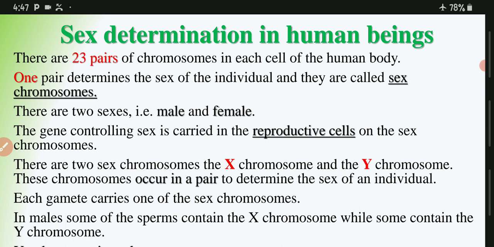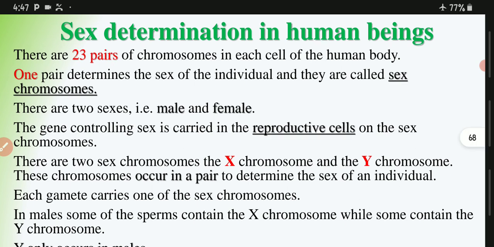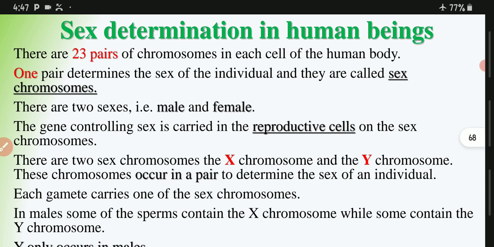Out of the 46 chromosomes, 44 are called the autosomes and 2 are called the sex chromosomes. Autosomes are chromosomes that carry genes that determine other characteristics apart from the sex of an organism.